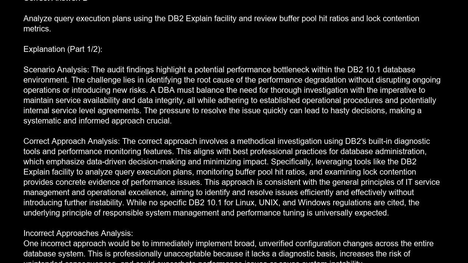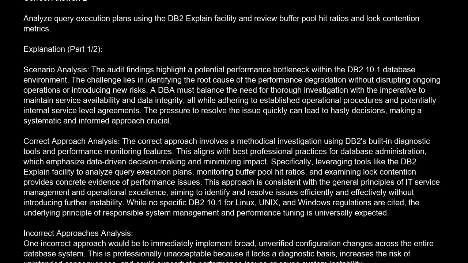Correct answer is B. Analyze query execution plans using the DB2 explain facility and review buffer pool hit ratios and lock contention metrics. Explanation. Scenario analysis. The audit findings highlight a potential performance bottleneck within the DB2 One database environment. The challenge lies in identifying the root cause of the performance degradation without disrupting ongoing operations or introducing new risks.